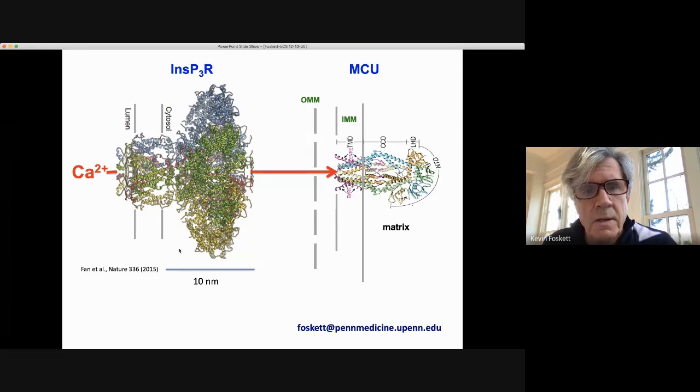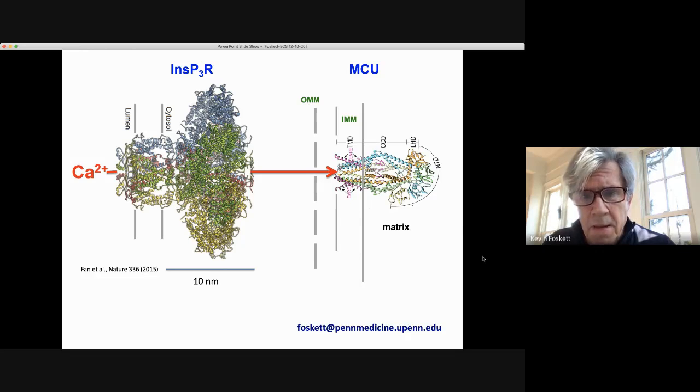What has been a focus of many discussions about this calcium transfer from the ER to the mitochondria is the spatial proximity. And so I've tried to show here in terms that reflect the spatial dimensions what this might look like, with the IP3 receptor in the ER on the left, and MCU in the mitochondria on the right.